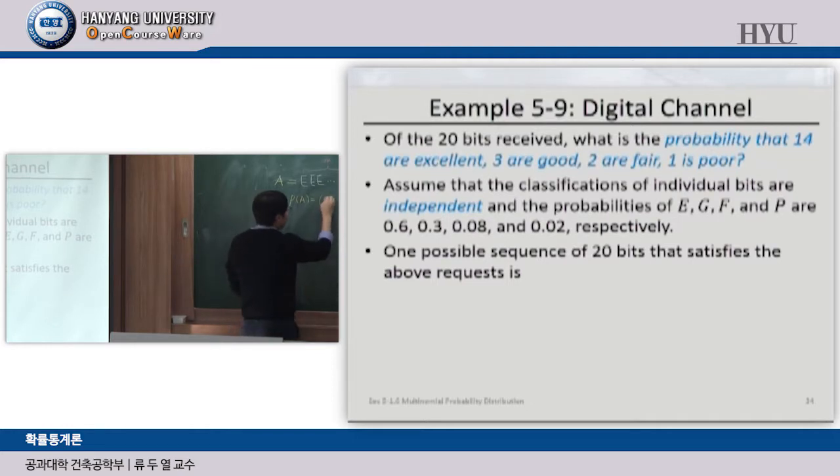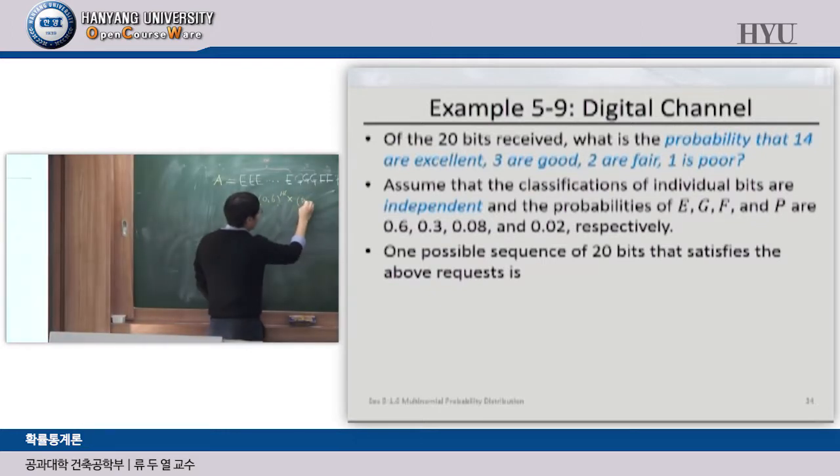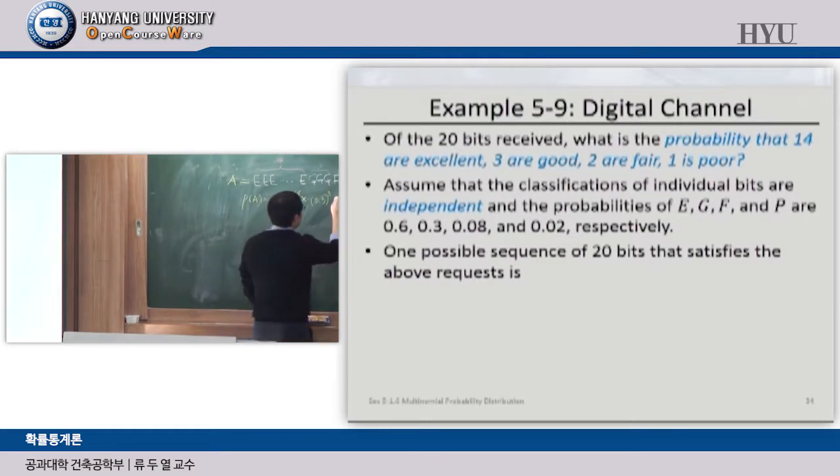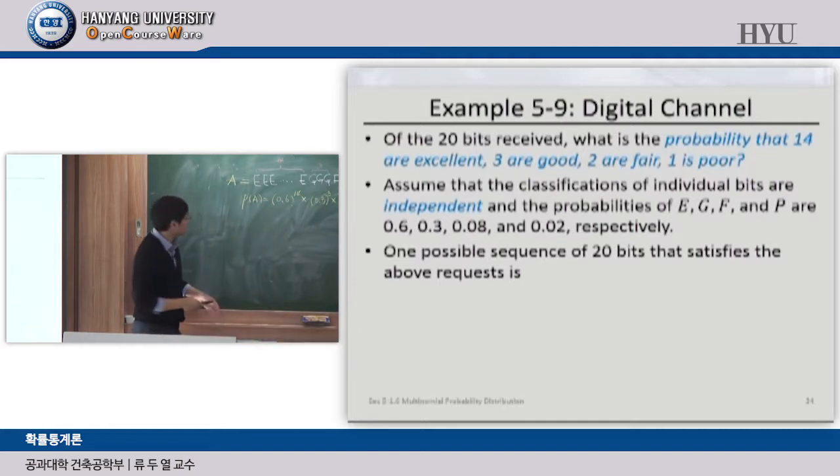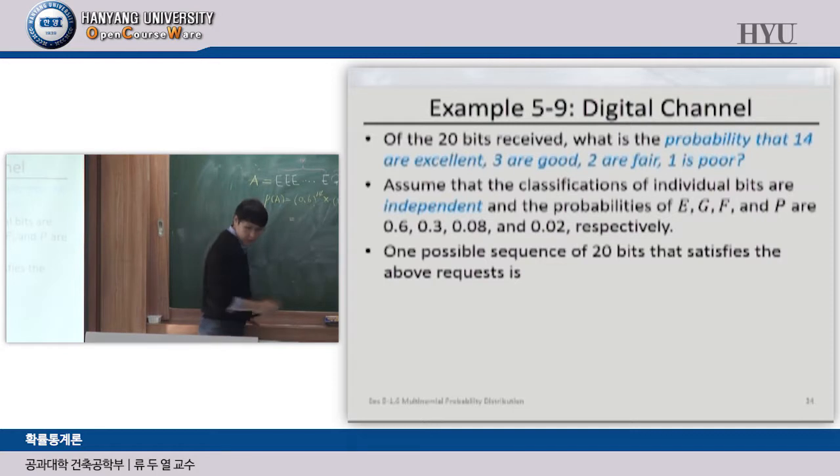That is 0.6 to the 14th power, times 0.3 to the 3rd power, times 0.08 squared, times 0.02 to the 1st power, and this is equal to 2.708 times 10 to the minus 9th power.